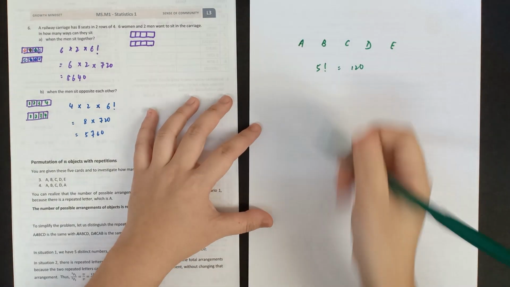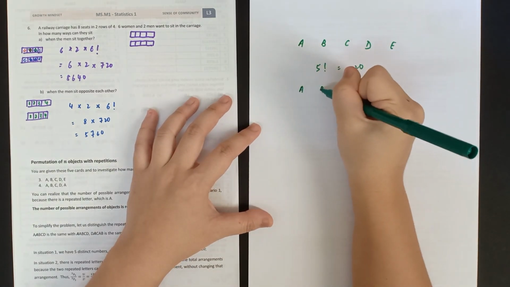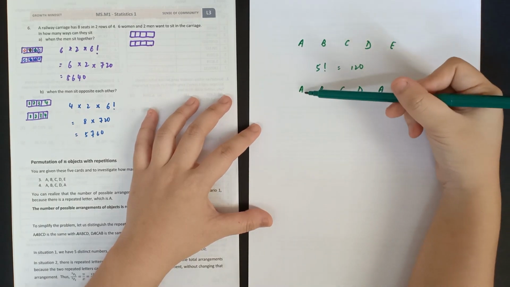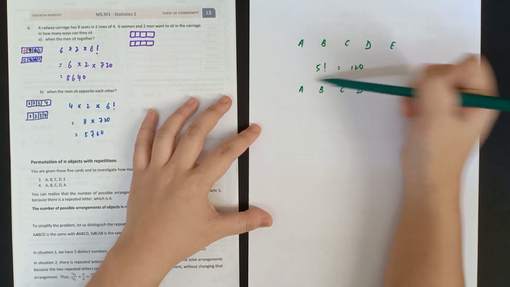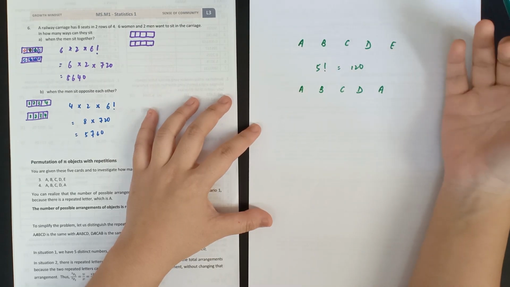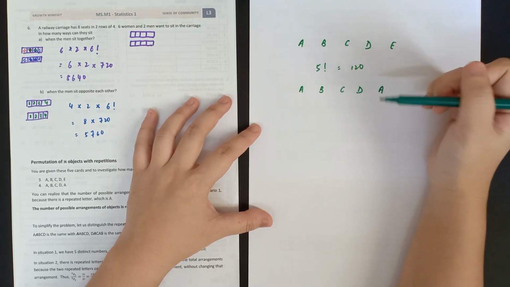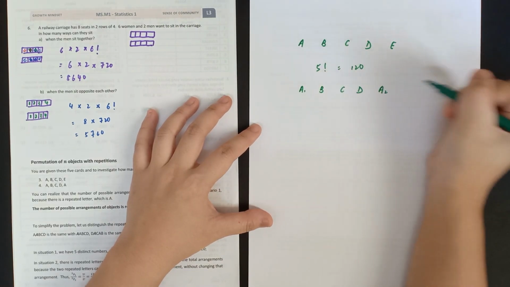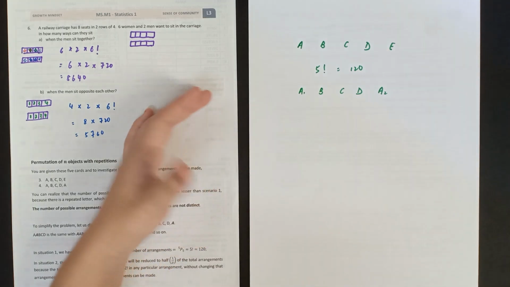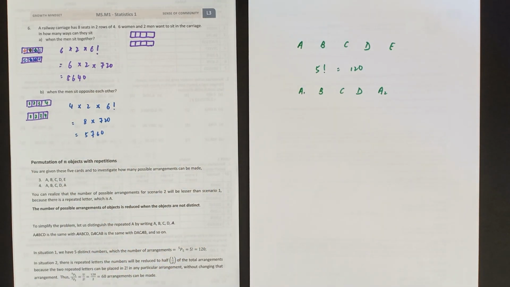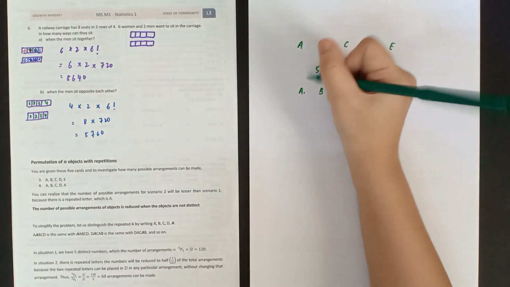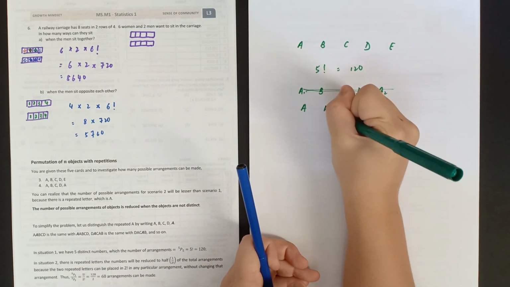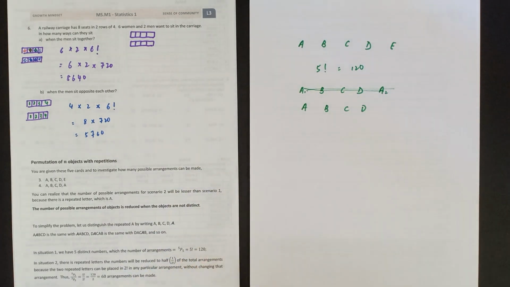Okay, but what happens if I have a set of cards like this? If I have objects that repeat in what I want to arrange, does that make any difference? Like A, B, C, D, then A also.